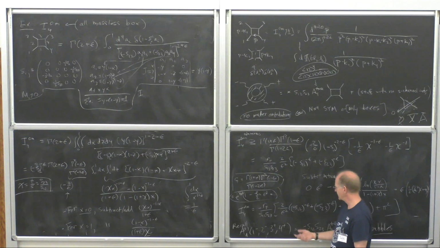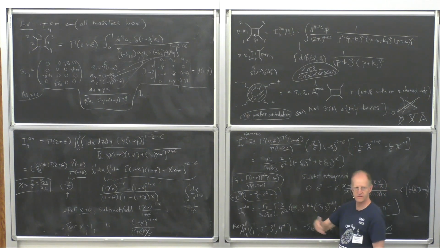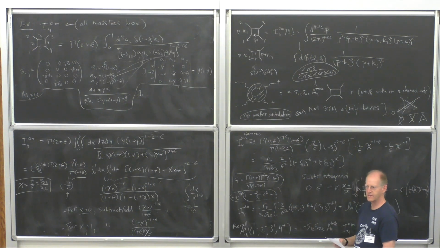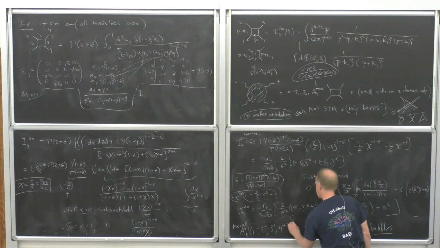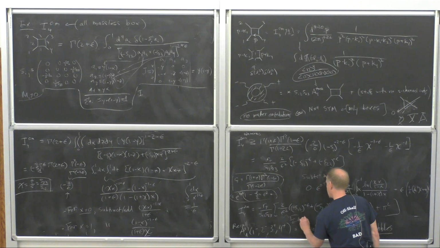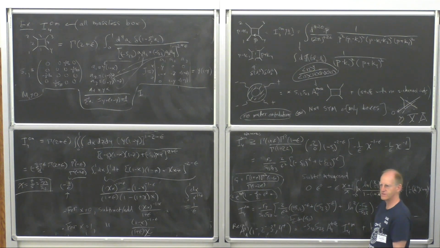And also, there are 1 over epsilon squared terms that come from the overlap of the soft and collinear virtual divergences. If you expand this out, you see there's a 1 over epsilon, which now depends on the kinematics. It has a logarithm of S12 in it.